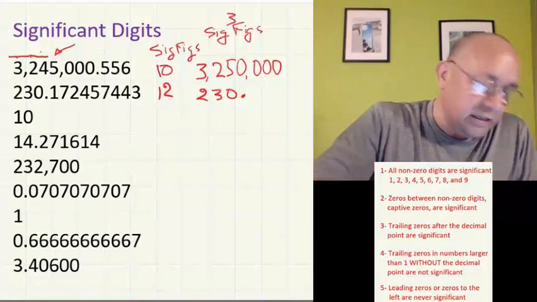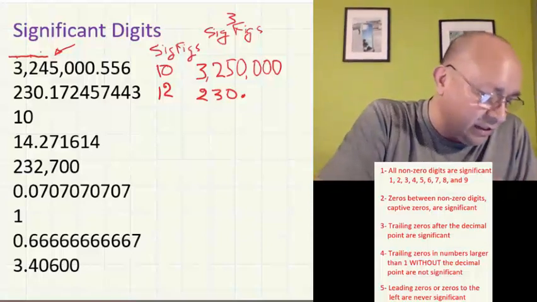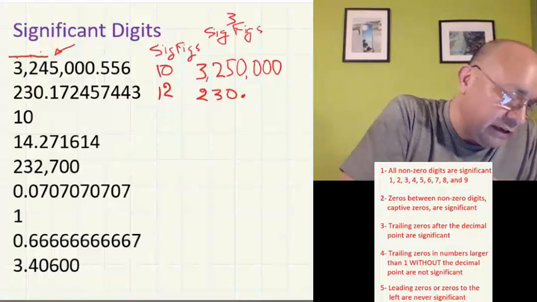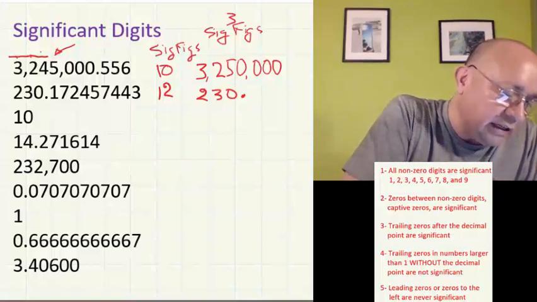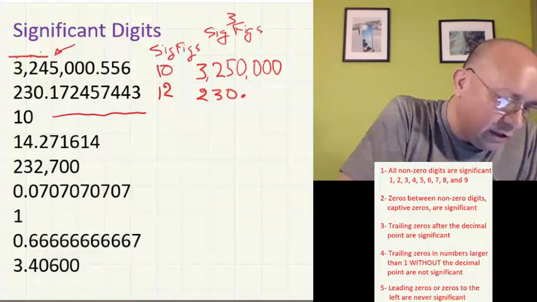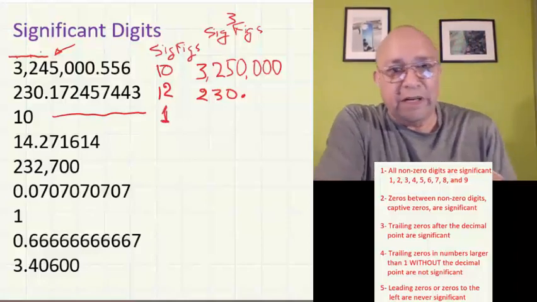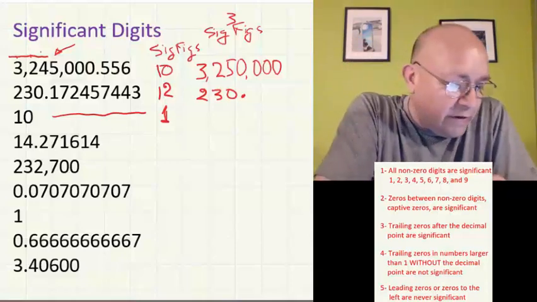How many significant digits have this 10? This 10 doesn't have the decimal point, so this 0 is not significant. So this number has only 1 significant digit. What about if I need to write this with 3 significant digits?